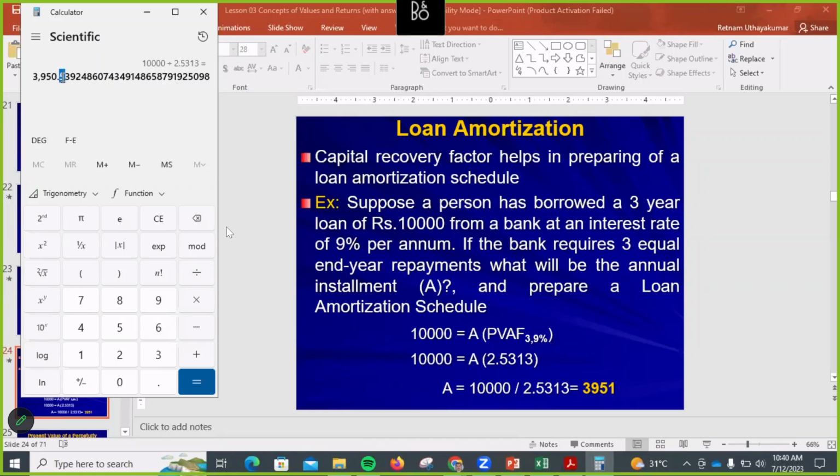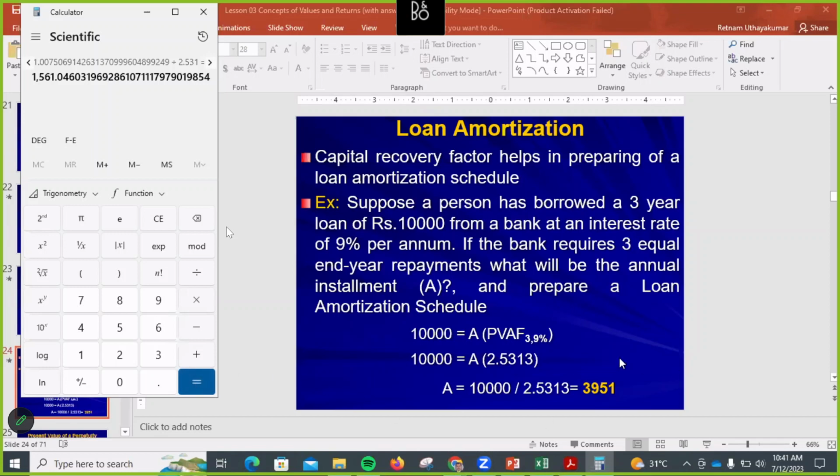You want to round up this one. 51 is there. If you use the 3 digits also, the same is coming. So this is the amount of installment that you want to pay every year.